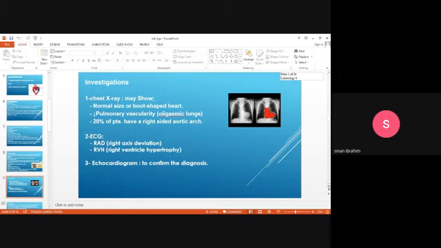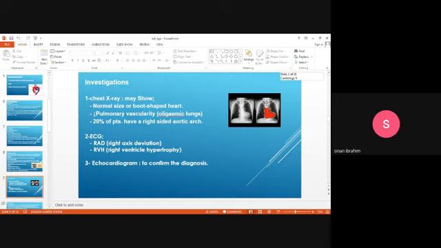What are the investigations that we should do for the patient with TOF? Including chest X-ray, and usually this classical shape, we usually see it and remember it. One of the pictures that keeps us suspicious of heart pathology is the boot-shaped heart.